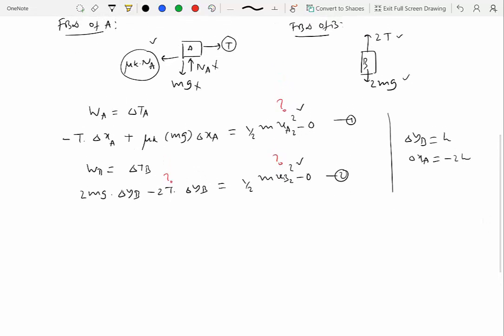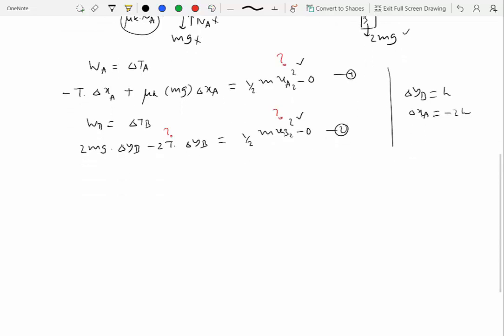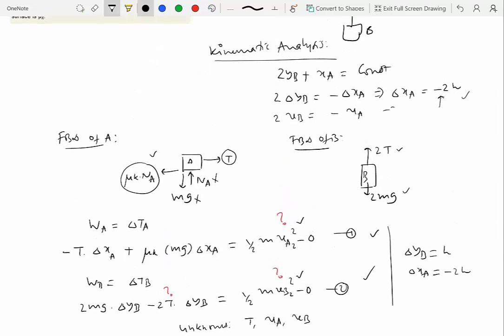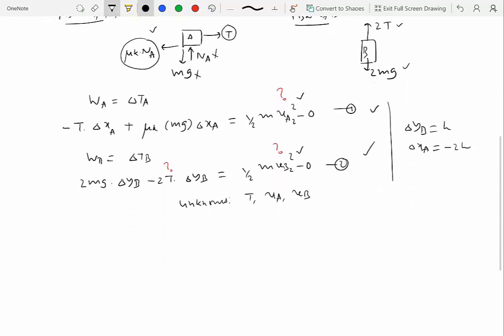How many unknowns do we have? We have 3 unknowns: tension, v_A, and v_B. And how many equations do we have? We have 1, 2, and a third equation, which is the relationship between the velocities. So what this is telling you is that we have enough information to solve for all the unknowns. You can determine tension, velocity of A, and velocity of B.